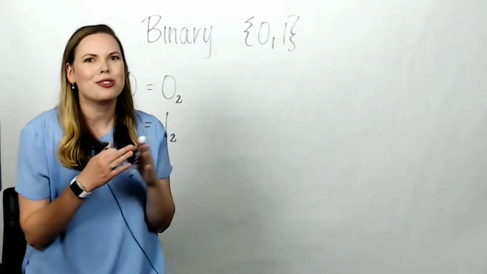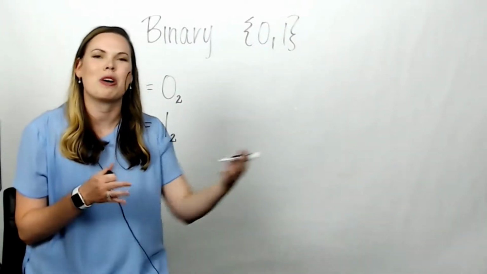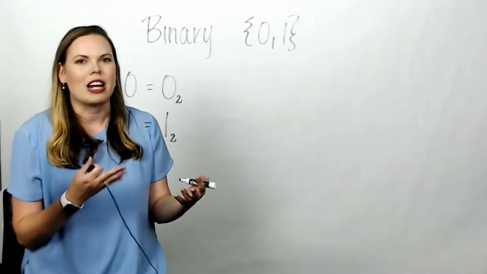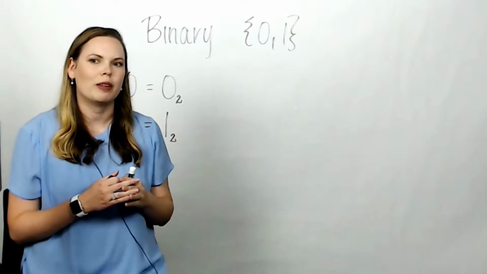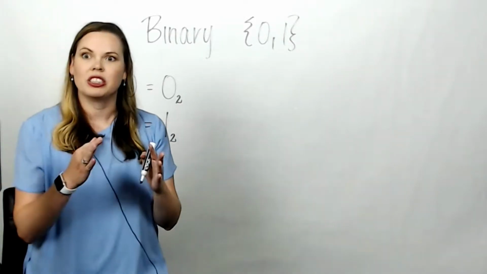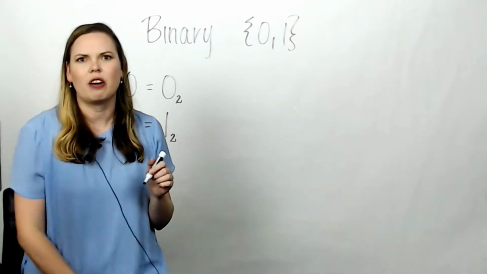We tend to drop it in base 2 because we see these strings of 0 and 1, and we assume binary along with context. So you won't see me writing the 2s with the binary. I just wanted to present that and make that distinction, at least right now, while we're counting.